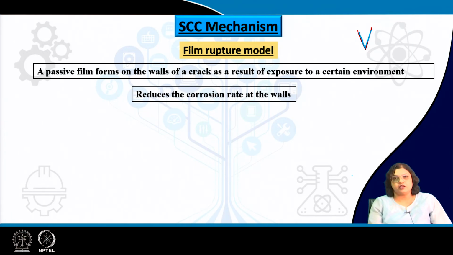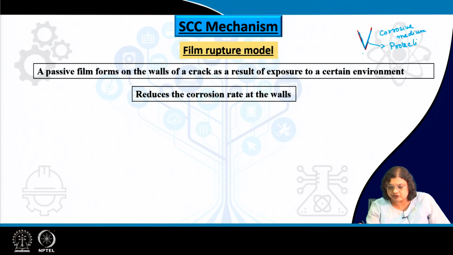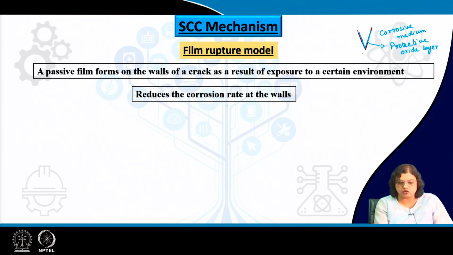This is the corrosive media, and this is the crack. So, we have a protective or passive oxide layer. This could be just the corrosion product layer, and that prevents the crack or the material from further corrosion.